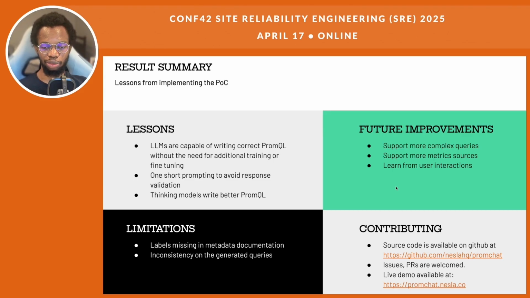So in terms of next steps, you're looking at expanding the project such that it supports more than just Prometheus as a source. And then lastly, another interesting improvement would be the system being able to learn from user interaction. So imagine you ask a question and, for example, you didn't use the right labels, or it doesn't know the labels that are available for that particular metric.